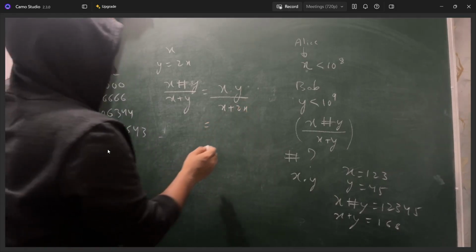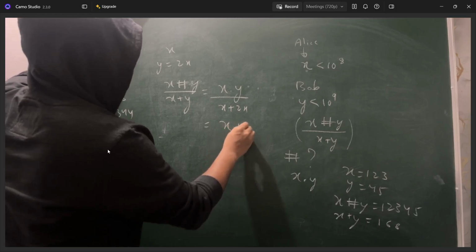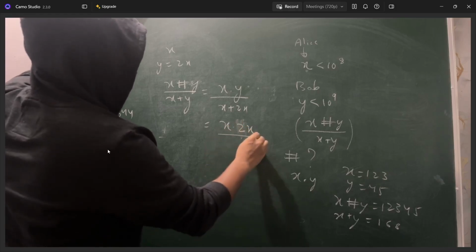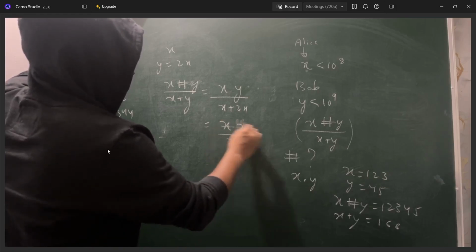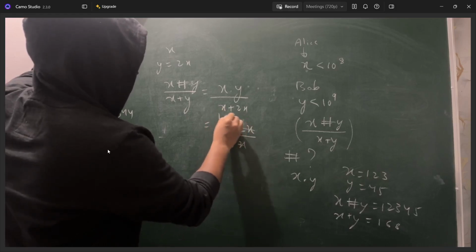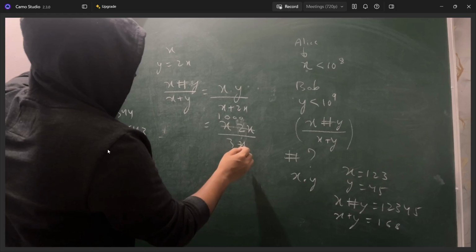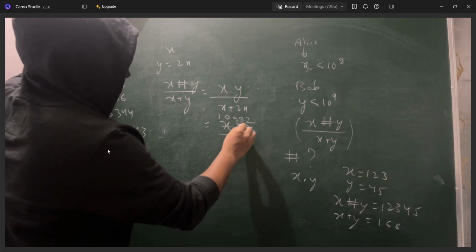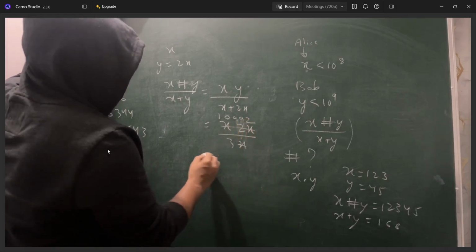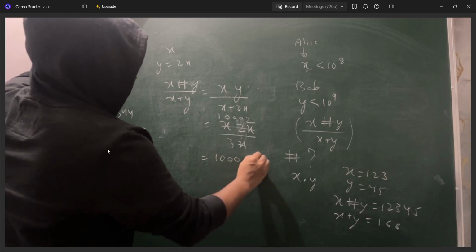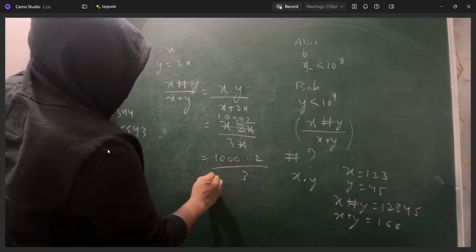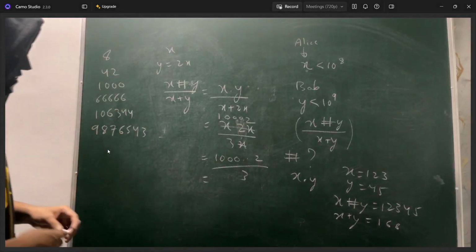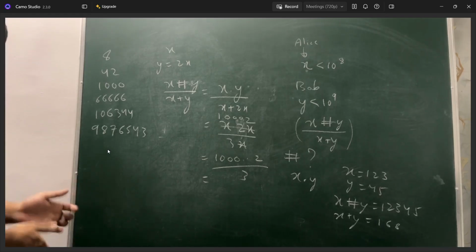So the numerator will be x followed by y, which is 2x, and divided by 3x. So x ones are x, and here you will have zeros, and at the end you will get 2x. I mean 2x you have and x we are taking, so this will be in the form of 0 0 0 up to 2, divided by 3. So I think you got to know how to solve this. Basically it was kind of a trial and error method.